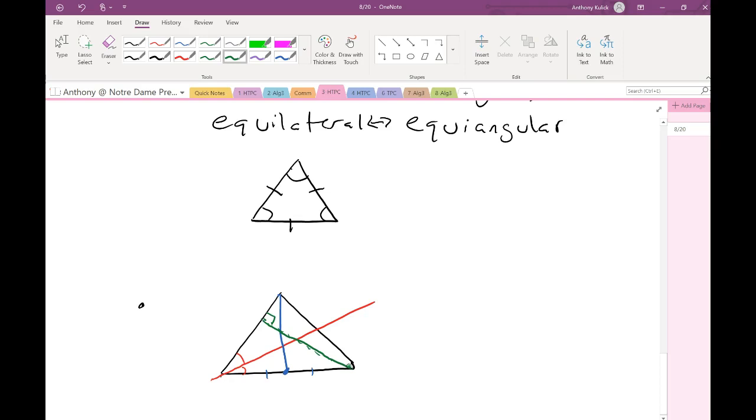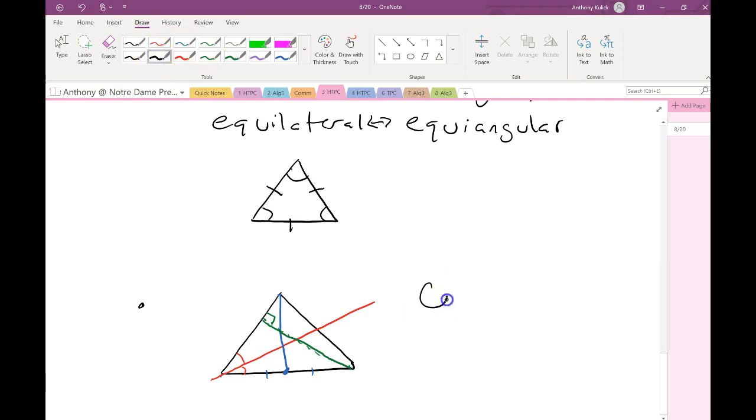Shoot. What's the other one? Does anyone remember? Can't be that important if I can't remember it, right? Oh, it's the perpendicular bisector. That's right.